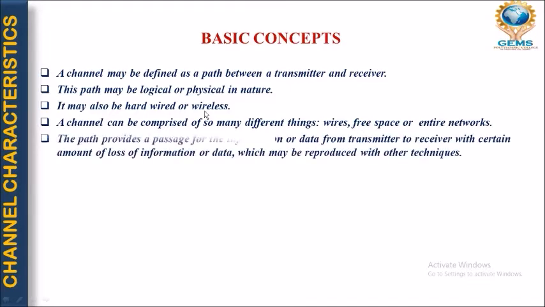The next point: the path provides a passage for the information or data from transmitter to receiver with a certain amount of loss of information or data. Whenever we send information, it is sent in the form of signals. Some amount of information may be lost due to the resistance in the channel, due to which the signal gets weaker.